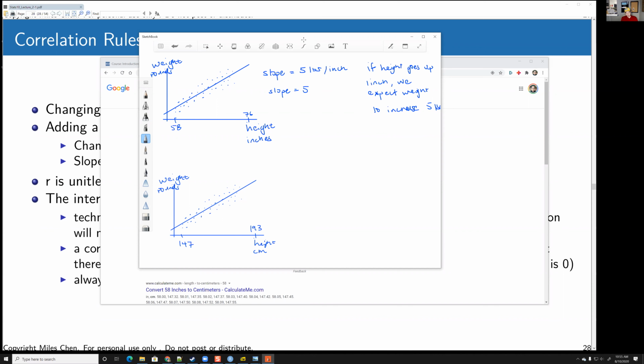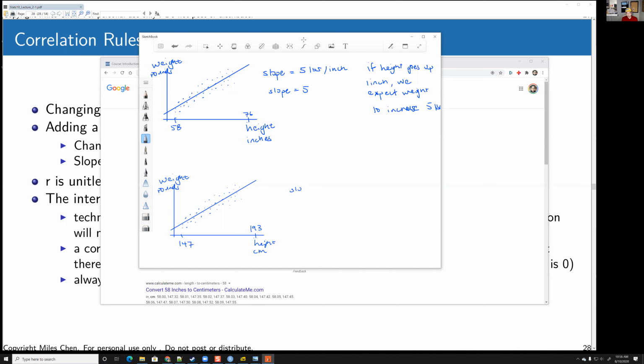Basically, what I've done is I've just stretched out the line. If I put these on the same scale, one line would look like this, and the other would be stretched out. So the slope is different. I've just changed the units here, and if you're keeping track of the slope, the change in y divided by the change in x, this one has a much lower slope.